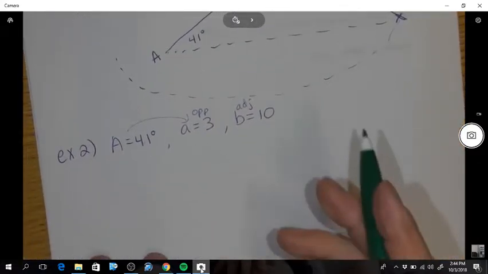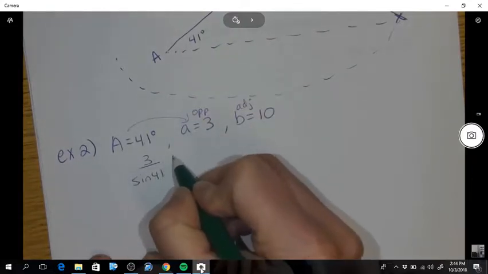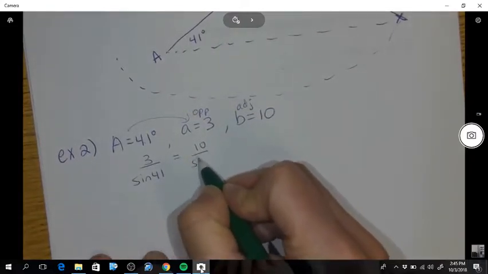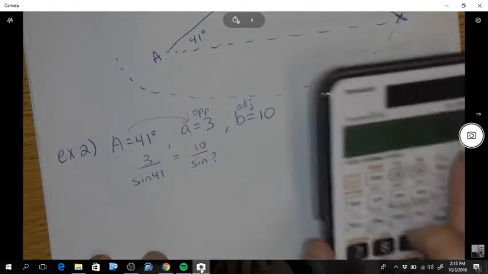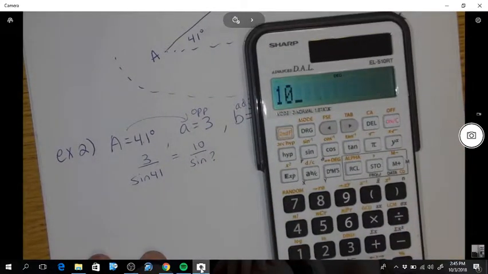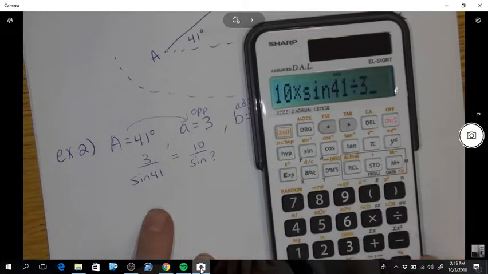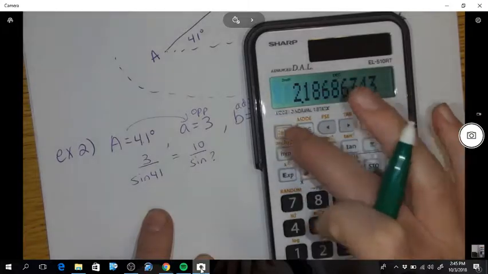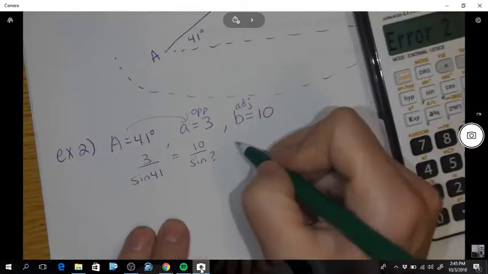So we're going to set up sine law. 3 over sine 41 is equal to 10 over sine B. Am I going to get an angle or an error? 10 times sine 41 divided by 3, and don't forget, sine inverse equals error.